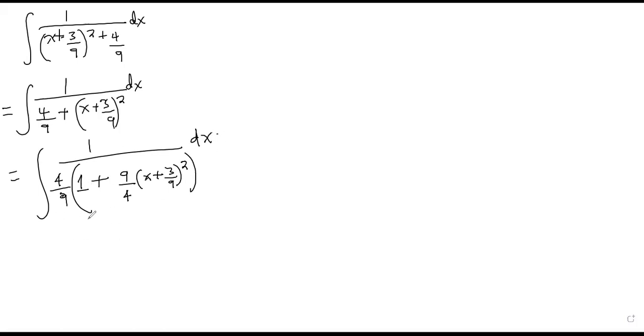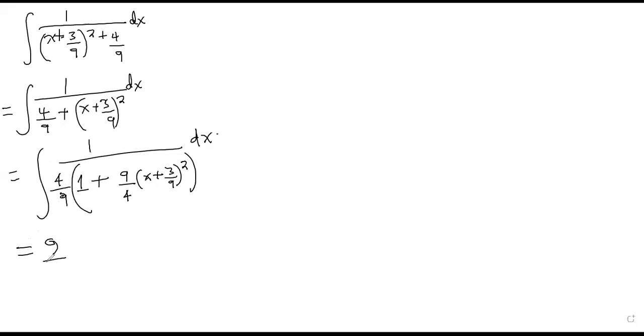Whatever you factorize out, you have to divide to get what remains. So if you factorize out 4 over 9, you remain with 1. But here, when you divide by 4 over 9, it is as if you have multiplied by the reciprocal 9 over 4. Still, we are going to factorize out this 4 over 9, so it will be like 1 over 4 over 9.